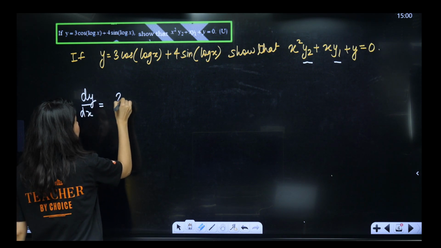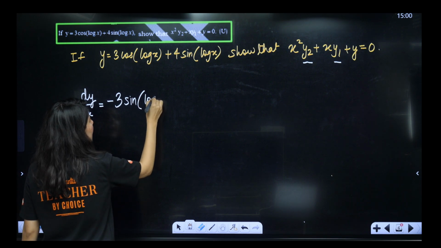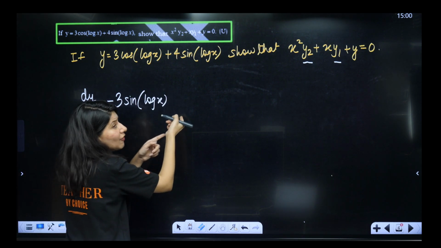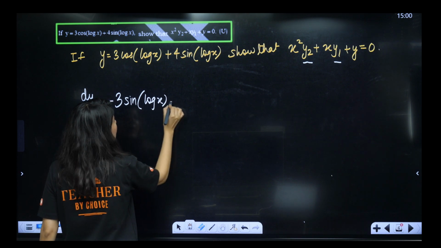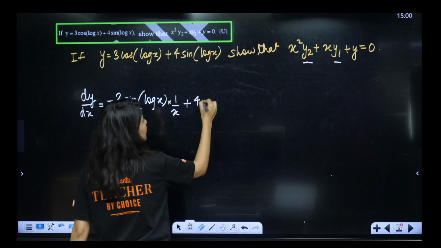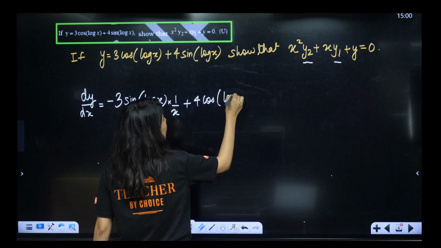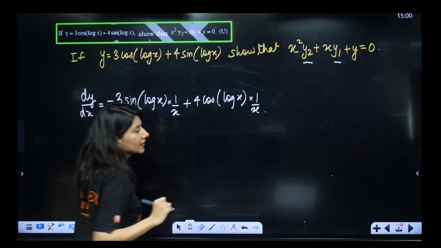So 3, derivative of cos is minus sine, log x as it is, and now derivative of log x, this is the chain rule, right? Derivative of log x is 1 upon x. Plus 4, derivative of sine is cos, log x as it is, and now derivative of log x is 1 by x.